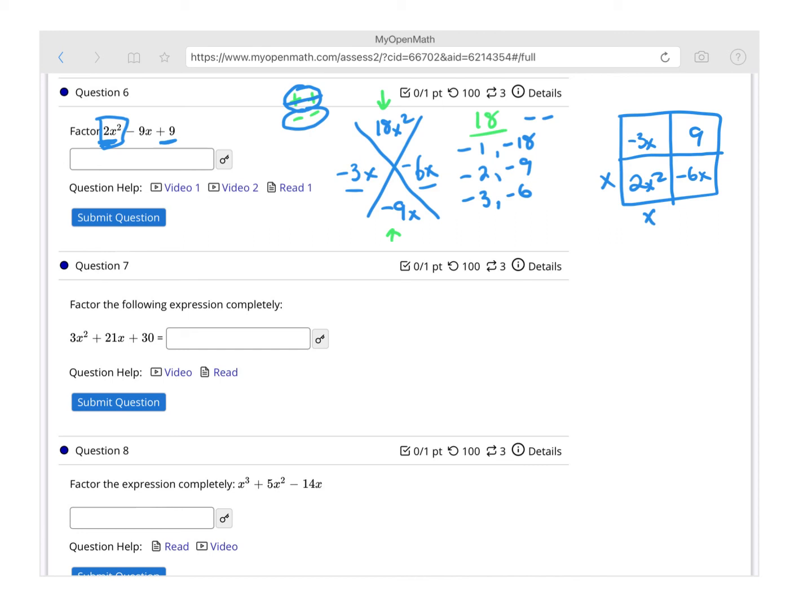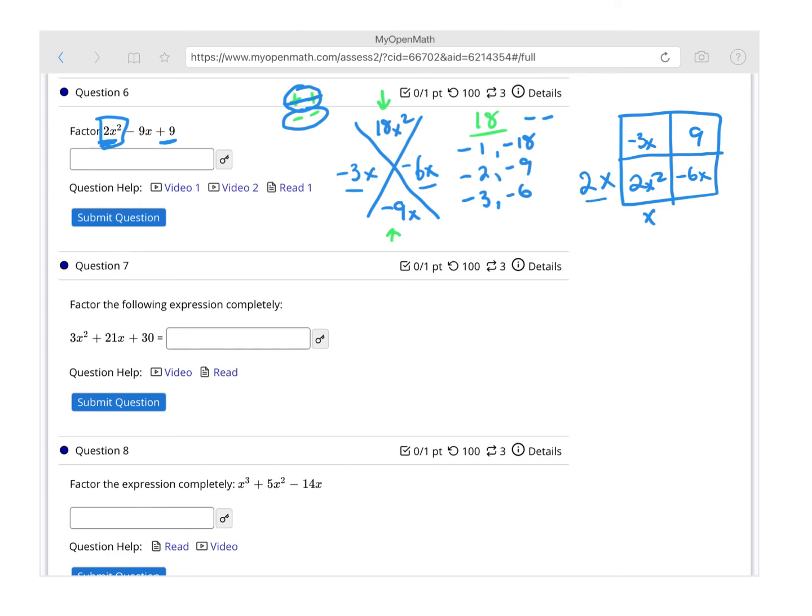Now, when I look at the 2x, remember, I have to take this number times this number to equal this one. So I can take 2 times some number, -3, to get -6. But if I put a 2 in here, there's no whole number that will multiply by 2 to give me a -3. So that's why I'm going to choose to put that 2 on the side and not on the bottom. So I have 2x there.